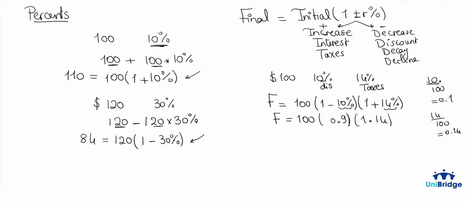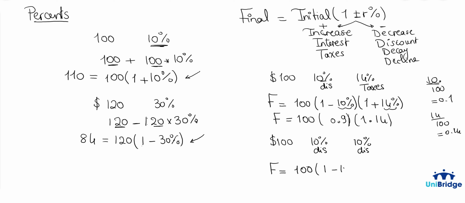Even if the store again sells for 100, and decides to give you a 10% discount followed by another 10% discount, would this be equivalent to 20%? Well, let's find out. The final value is equal to the initial, the starting, which is 100.